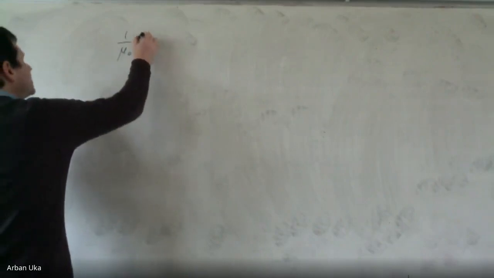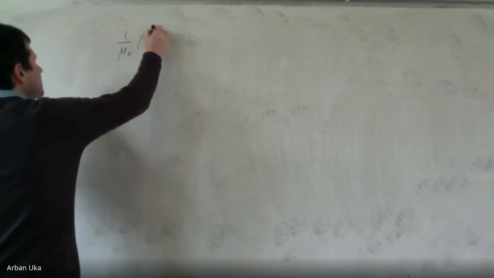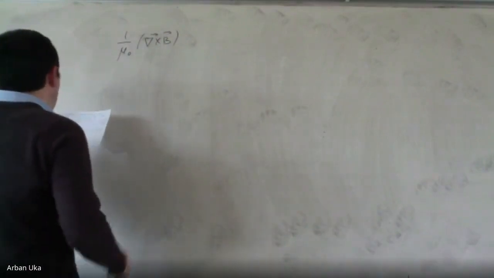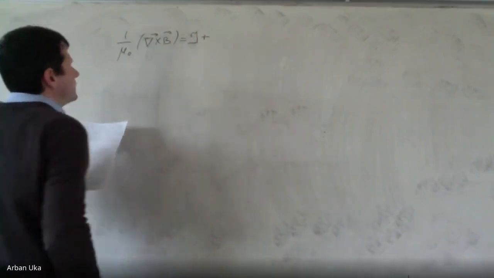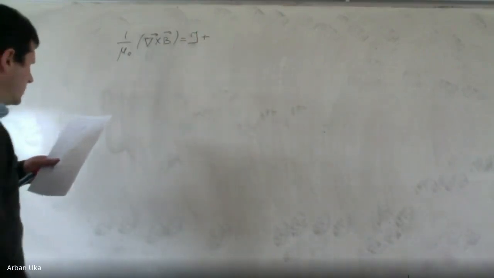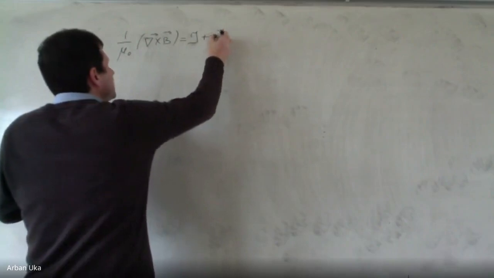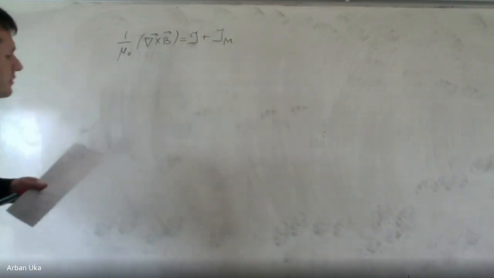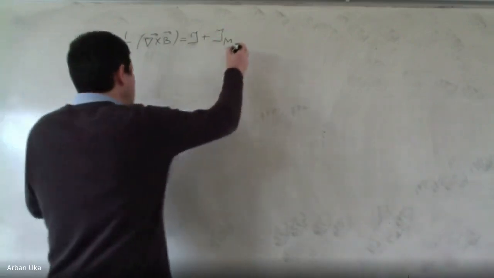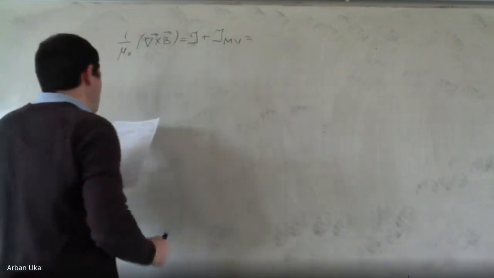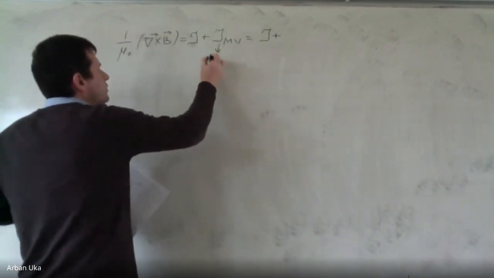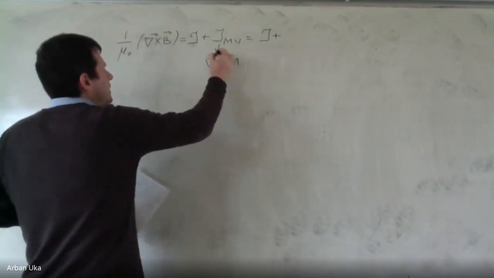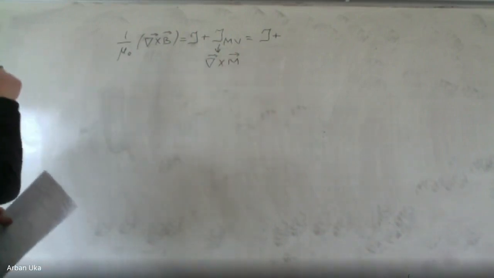We have 1 over mu 0 times the curl of B. This is equal to the J, the external, the initial current or the free current, plus the current density because of the magnetization in the volume. And this will be equal to J plus, so we should not forget that this was equal to the curl of M. So this is what the J and V was equal to.